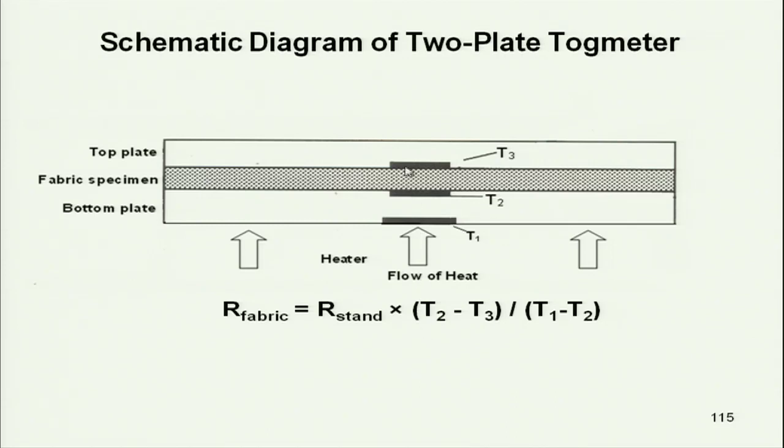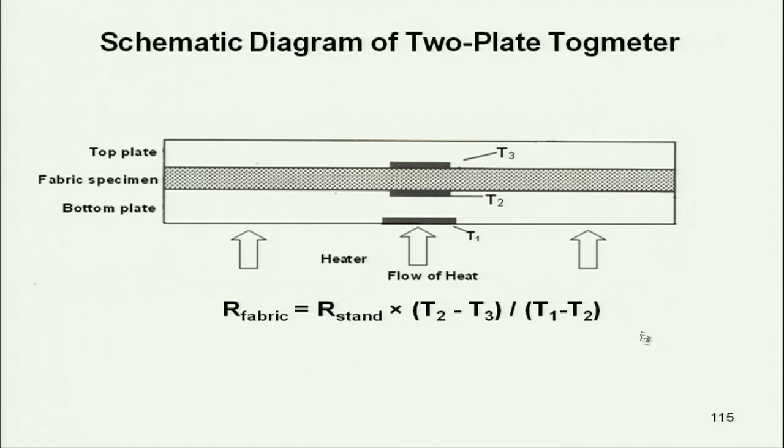Heat flows from the bottom through the standard bottom plate, and T1, T2, T3 are the temperatures at different junction points. As per the standard formula, for plates in series, the resistance of a plate divided by the temperature difference across the plate is always constant.